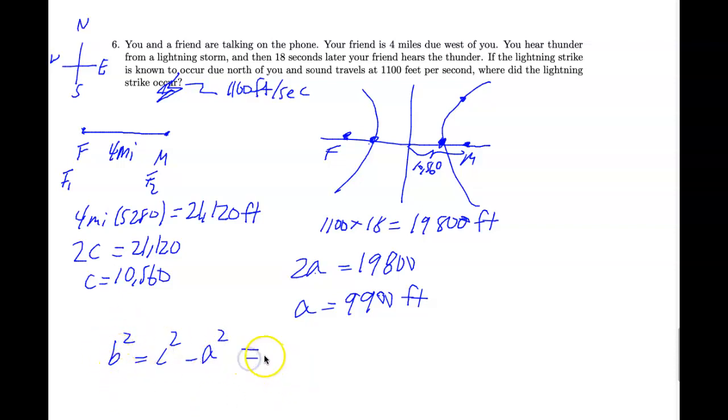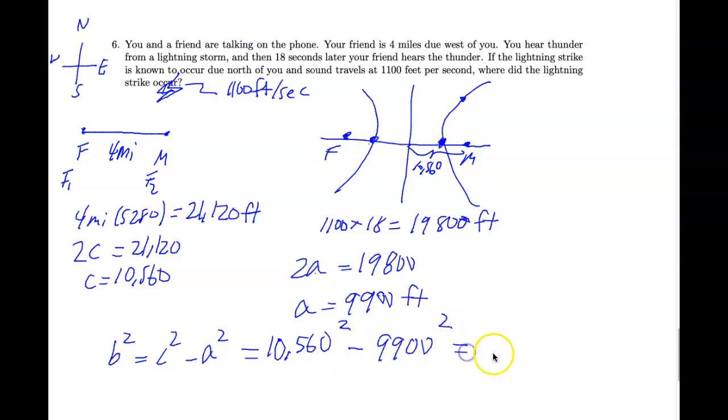When we plug everything in, we have 10,560 squared minus 9,900 squared.